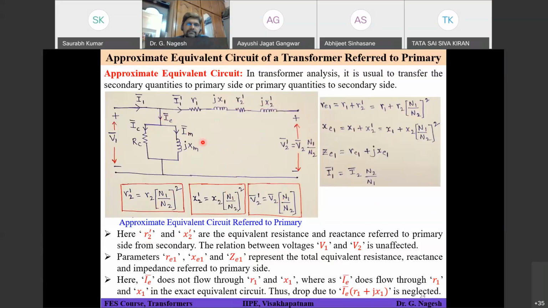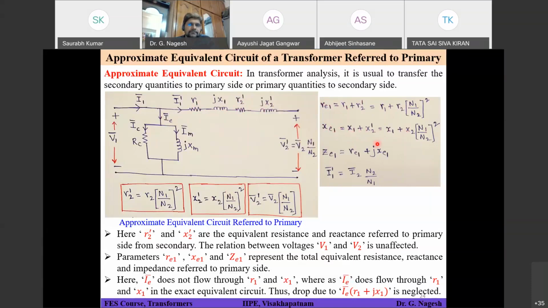So what is the total equivalent resistance on the primary side now? We will denote it as Re1, which is R1 plus R2 dash. R2 dash you already know. The total equivalent reactance is denoted as Xe1. Because it refers to the primary side, that's why the 1 is coming. Xe1 is equal to X1 plus X2 dash.